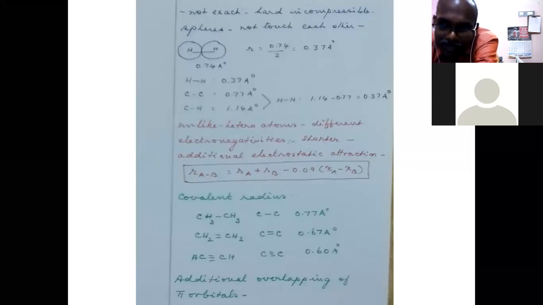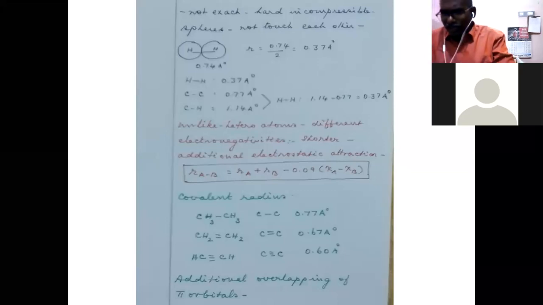Hence, the covalent radius is 0.74 divided by 2, which is 0.37 angstrom units. Similarly, for carbon and carbon it is 0.77, and for carbon and hydrogen it comes around 1.14. And when you calculate using C-C and C-H, it comes again around 0.37 angstrom units.